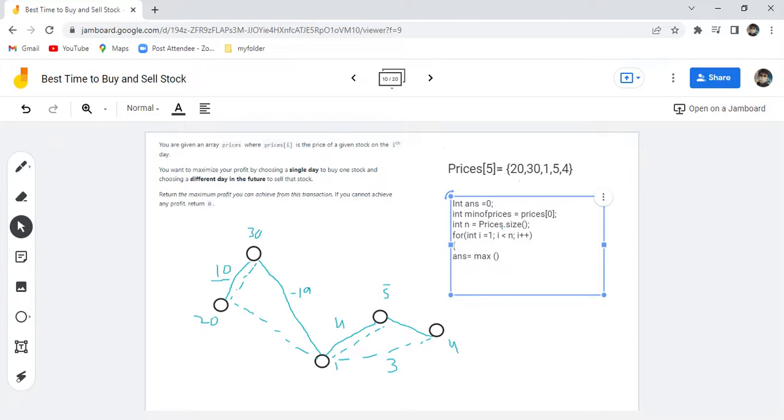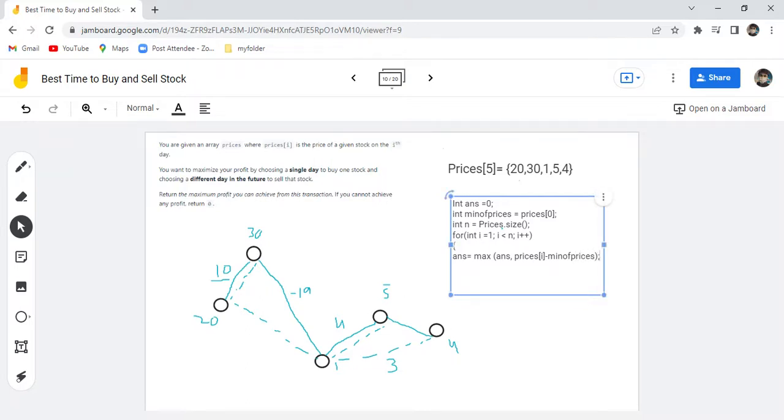So it is the max of answer and prices[i] minus minimum of prices.